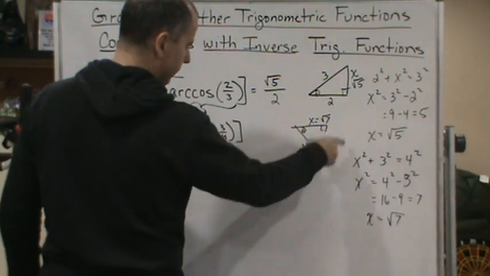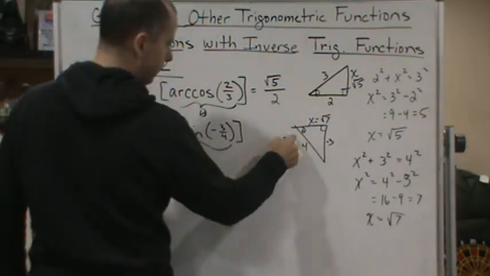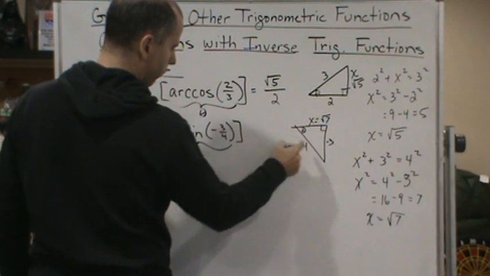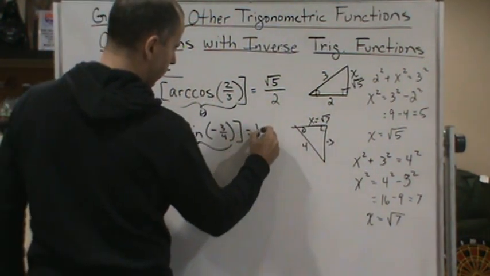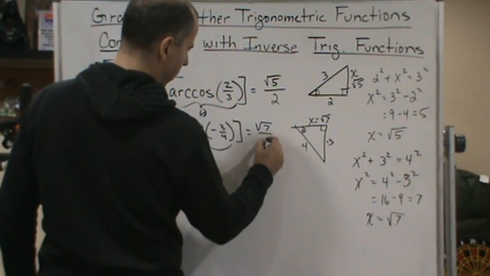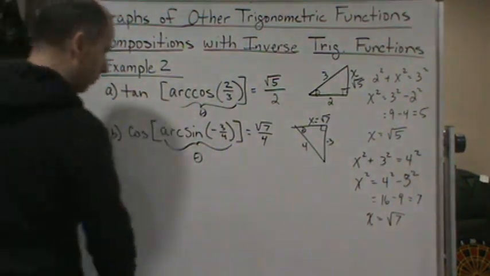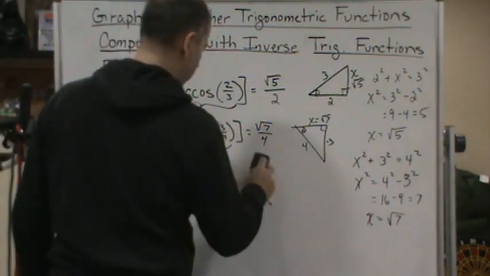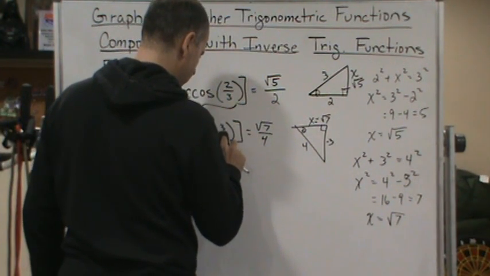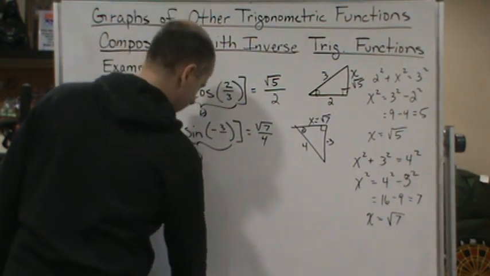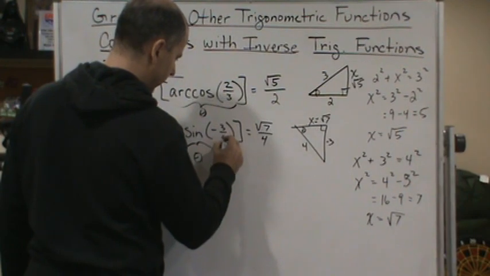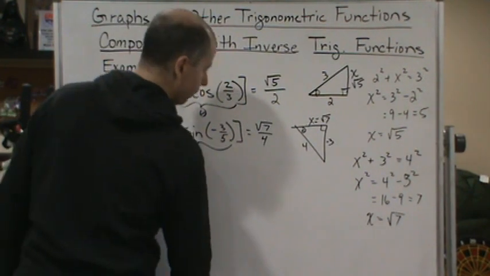Cosine is adjacent over hypotenuse, so this is going to be the square root of 7 over 4. Now, I made a mistake because I wrote down the problem wrong. So let me redo this, and this should be not negative 3/4, but it should be negative 3 over 5.